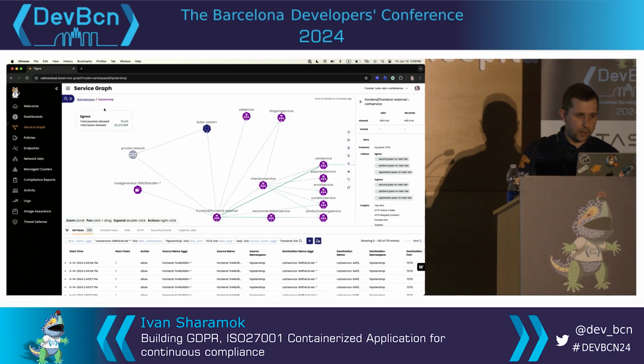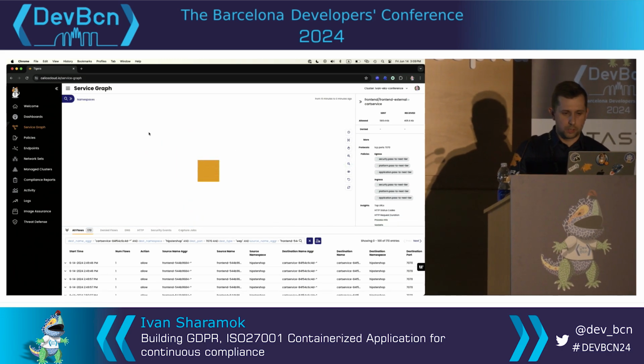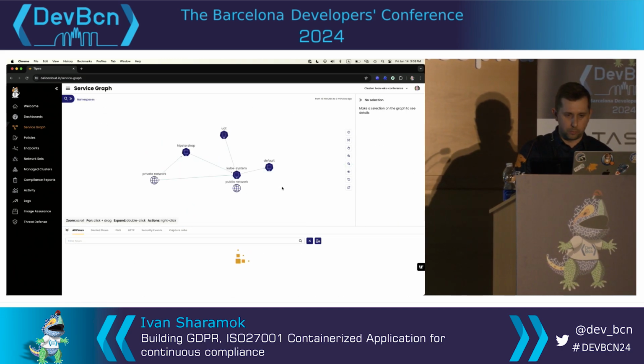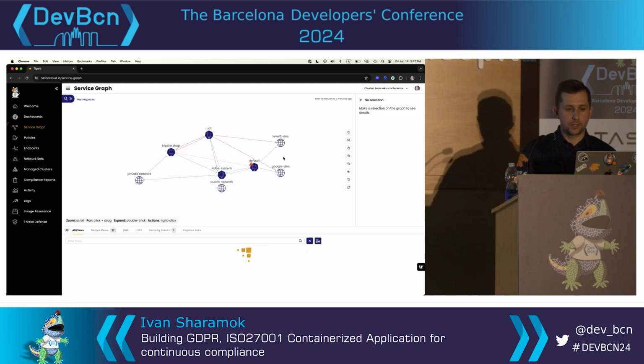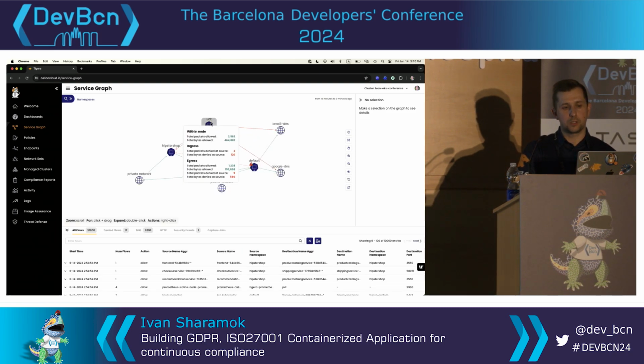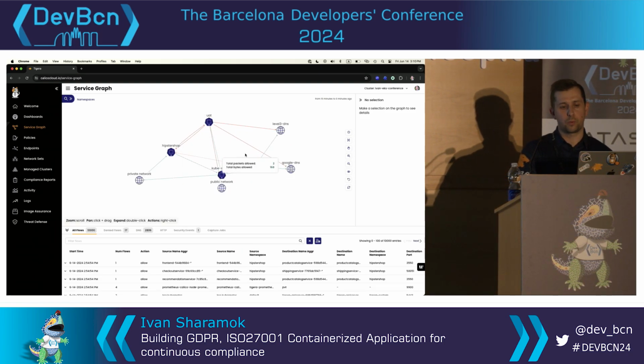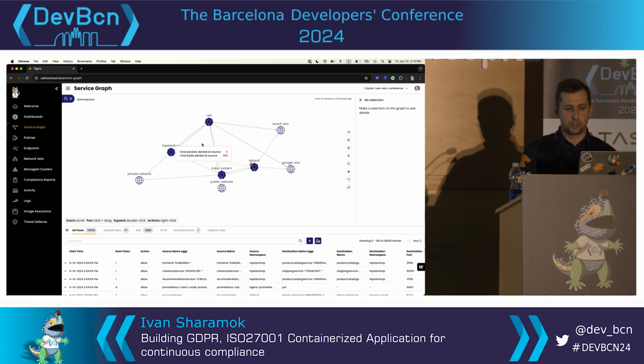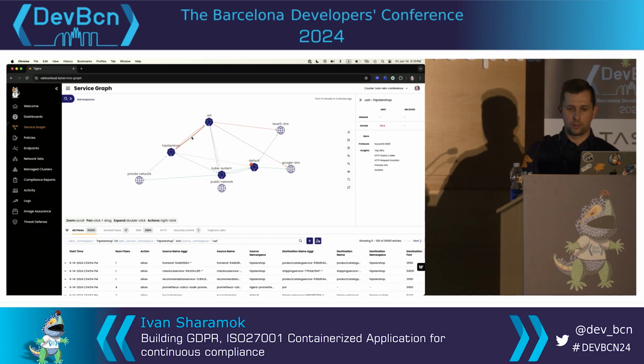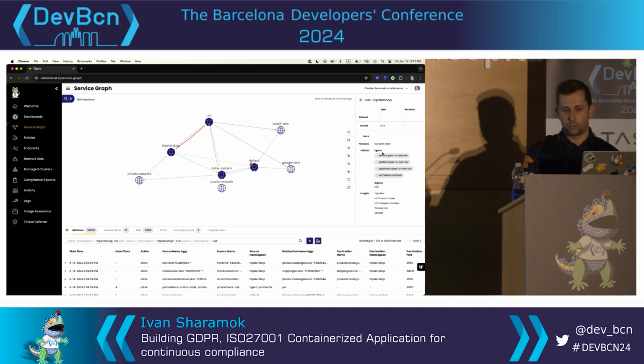So when I ran my script just a few moments ago, I generated a bunch of connections. So now you can see some of the connections in here highlighted in red that represent that communication happened, but it was denied by something. So we give you the breakdown of which policies. You can see all that information that I showed you in the log.